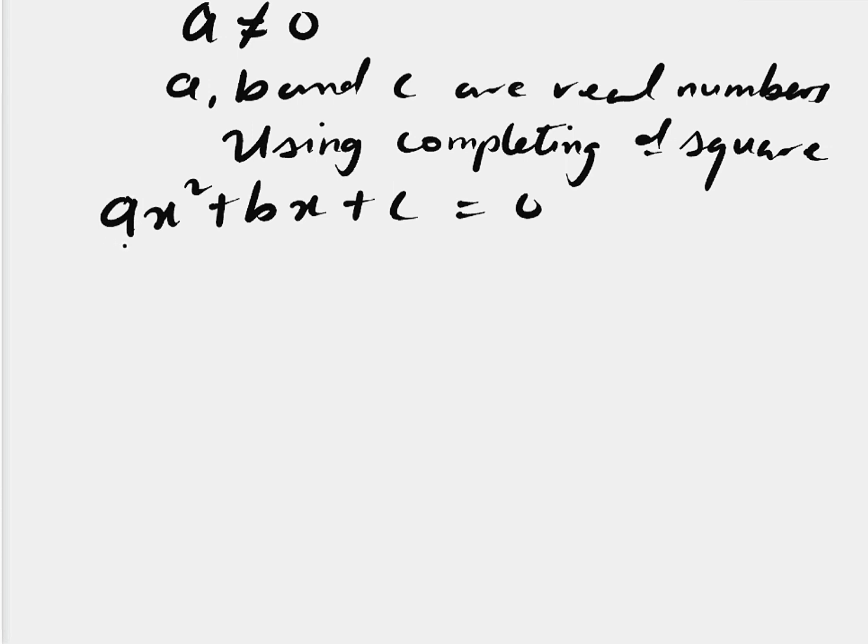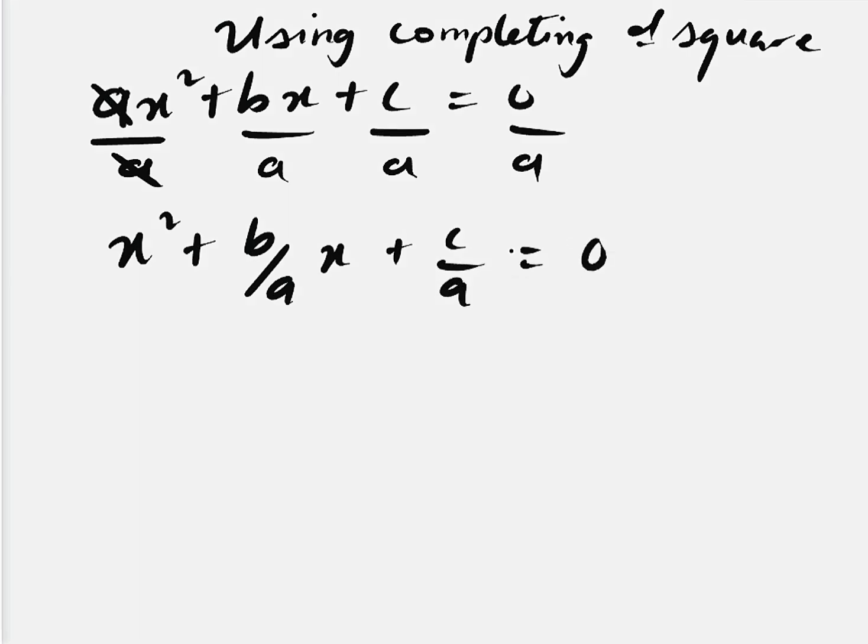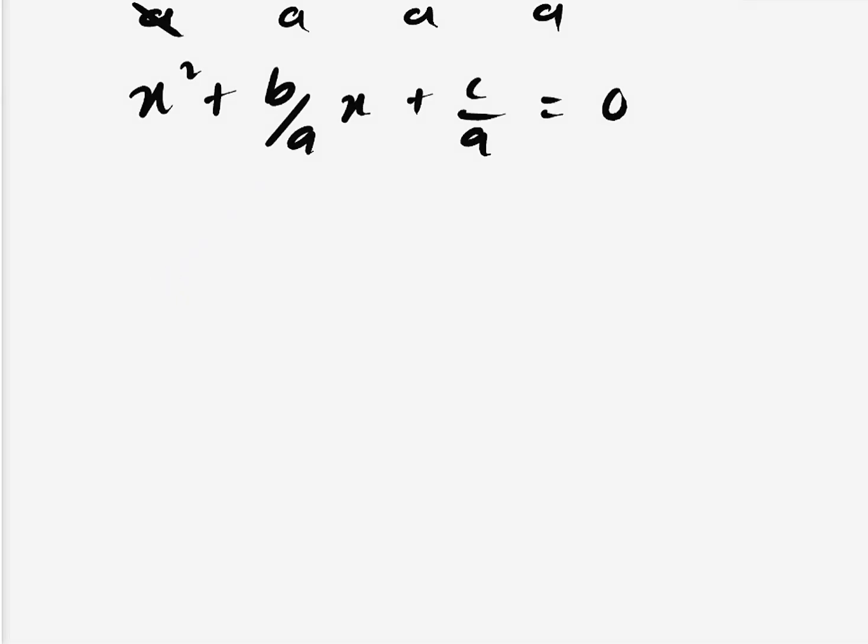So we have ax squared over a, bx over a, c over a. We've just divided throughout by a. So a cancels a, and we have x squared plus b over a x plus c over a equals 0.